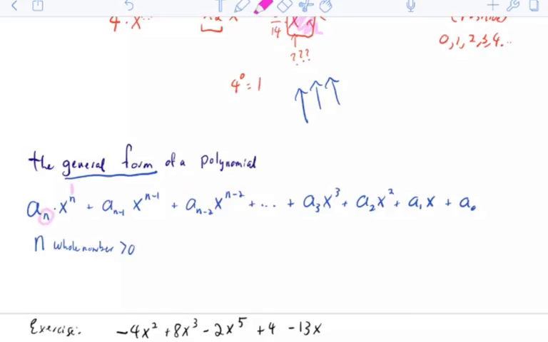The n's up top here, these are exponents. So if it's a 3, it means take this number, multiply it by itself 3 times. If it's a 2, it means take that number, multiply it by itself twice. The n minus 2, n minus 1, n, what we're saying is put the highest power on the left-hand side.